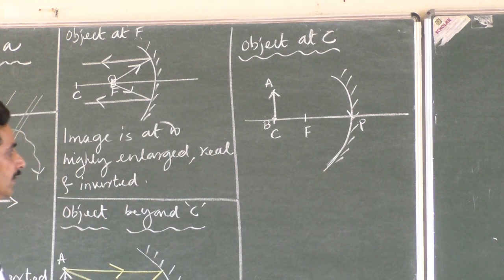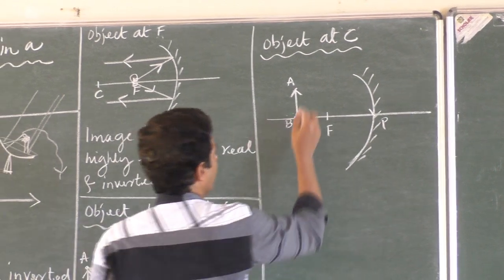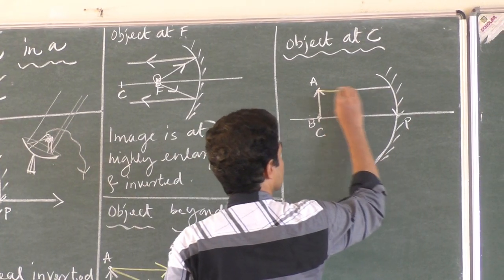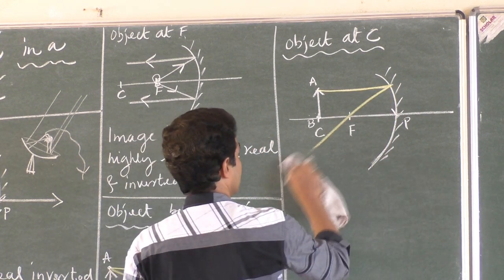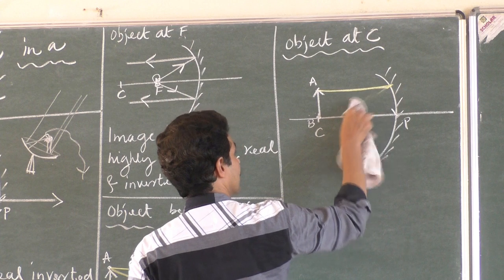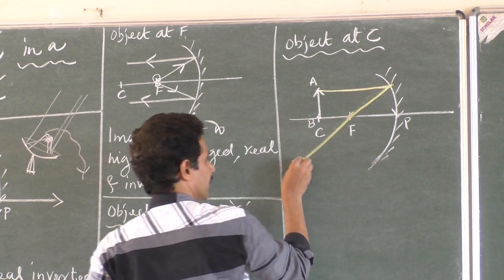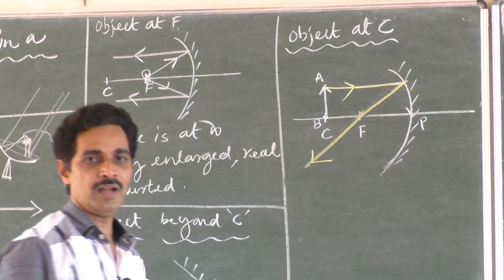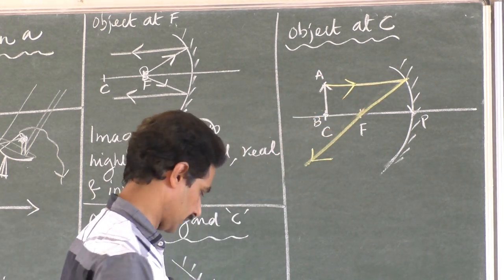As usual, we will consider two rays of light. One ray parallel to the principal axis, after reflection passes through focus. I must be very careful now because I should get the image at a particular place. Okay, like this. A ray of light moving parallel to the principal axis after reflection passes through focus.